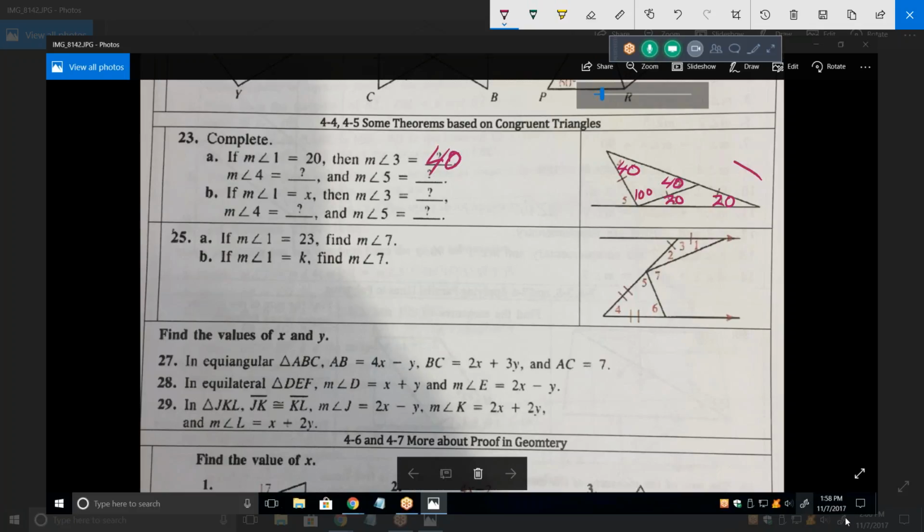And once you draw that picture, everything else becomes automatic. Yeah. And then angle 5 is 60, or whatever that angle is. Yes, exactly. Once you get all the angles figured out, then it's got to answer every one of those questions. All right.